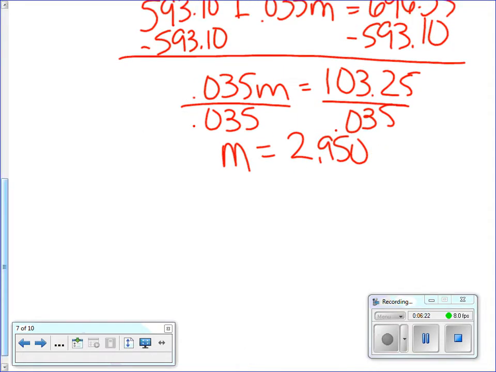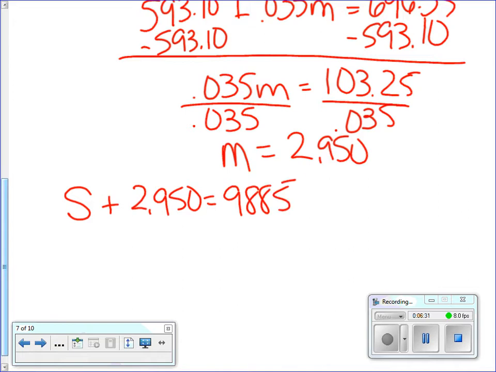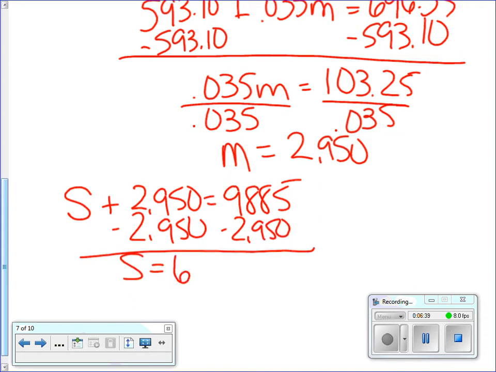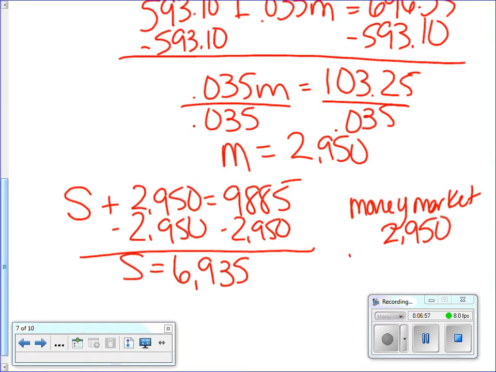So I'll just use my first equation of S plus M, where M is 2,950, equals 9,885. Subtract 2,950 from both sides. And I get S is equal to $6,935. So the initial amount that she put into the money market was $2,950, and into the savings, she put $6,935.